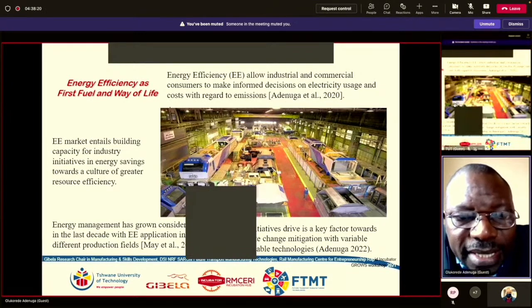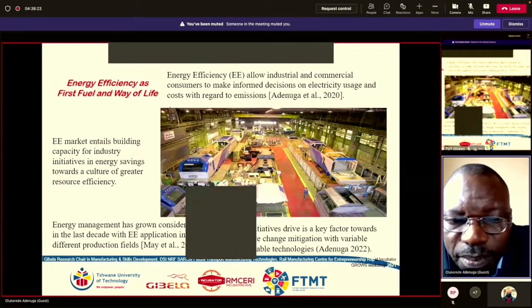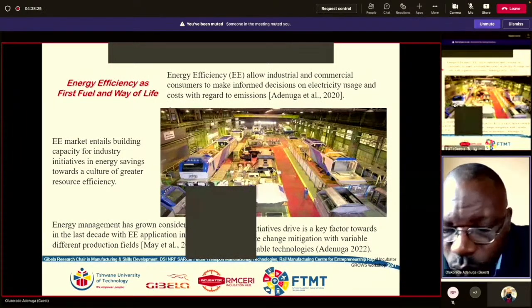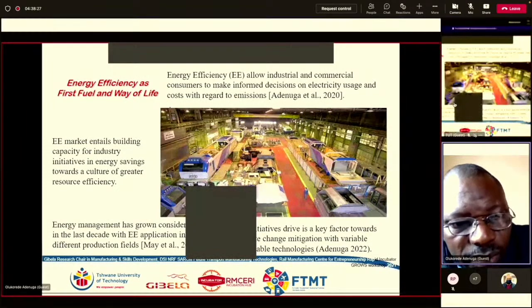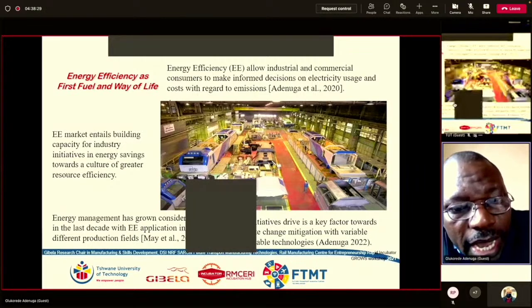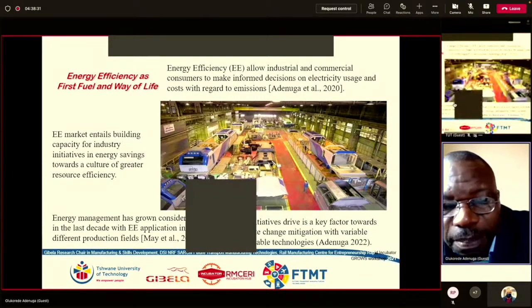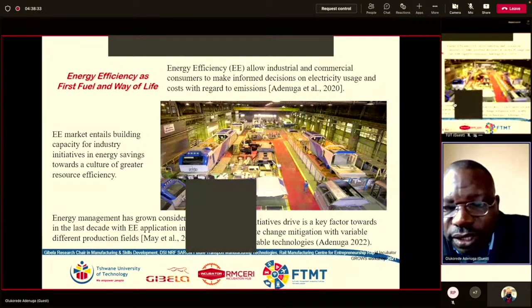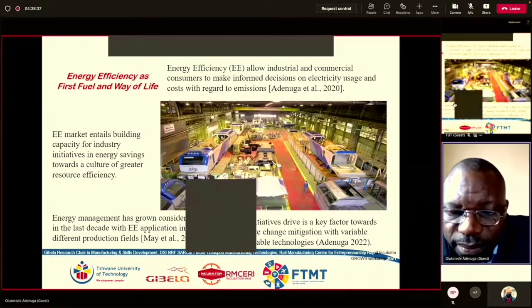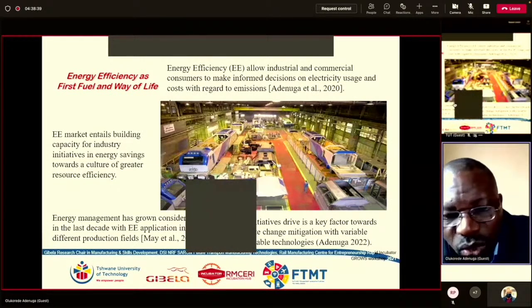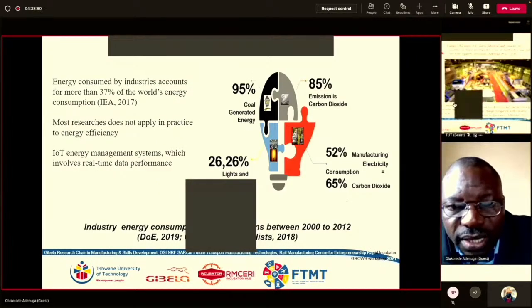Energy management research has grown considerably, and that is from the work of May et al. in the last decade, with application in different production fields. And the initiatives we have developed from the work published in 2020 is a key factor towards climate change mitigation with variable renewable technologies.